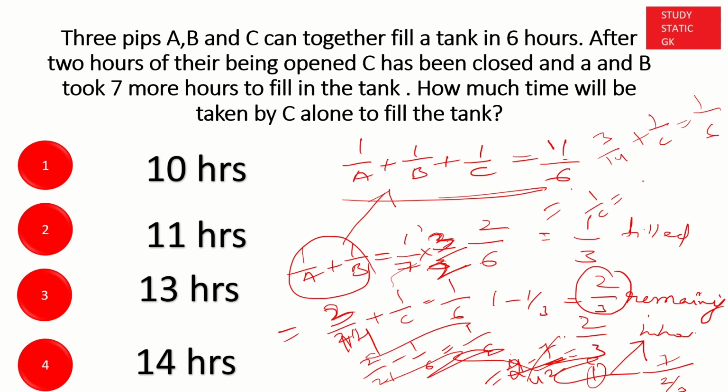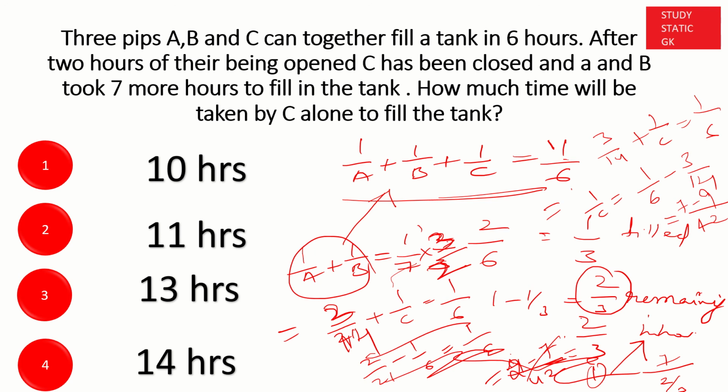So 1 by C is equal to 1 by 6 minus 3 by 14. Again the same 42. 6 7s, 14 3s, 9. 2 by 42 means 21.